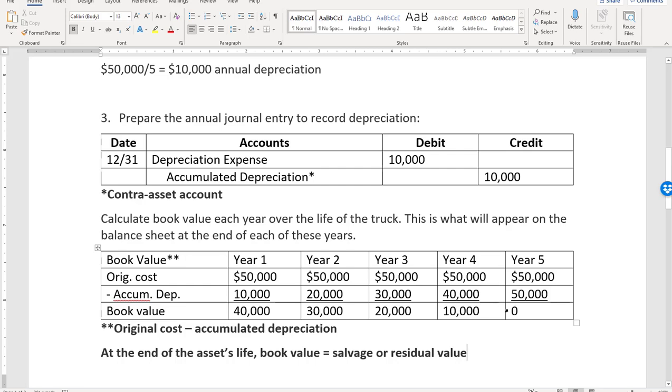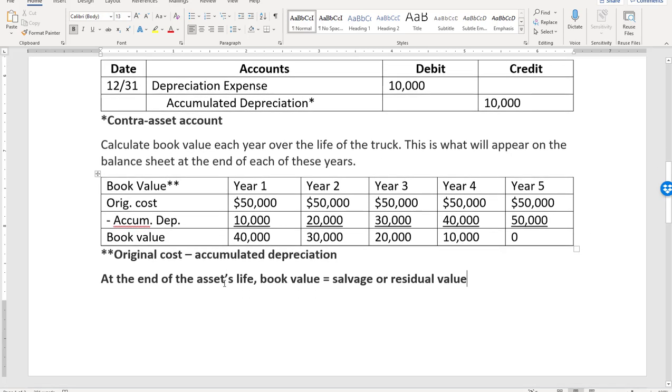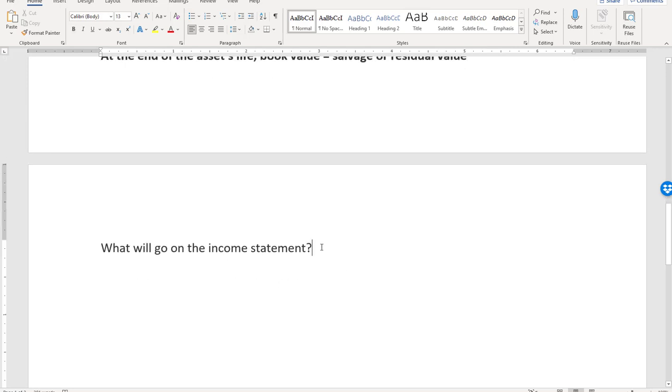Make sure that when you get to the end of its useful life, that number is showing up here. Okay? All right, so what goes on the income statement? Every year, depreciation expense of $10,000, for 5 years.